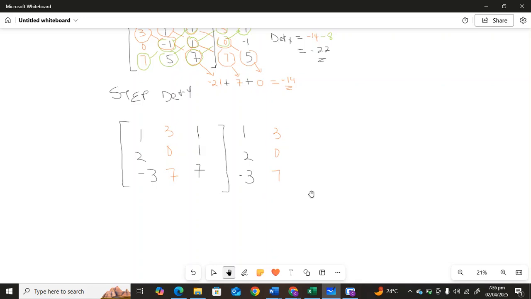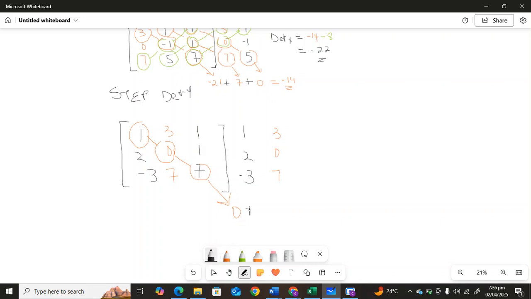So again, we continue with the same process. Multiply diagonally. Start with the leading diagonal. 1 times 0, that is 0. 0 times 7, that gives us 0.